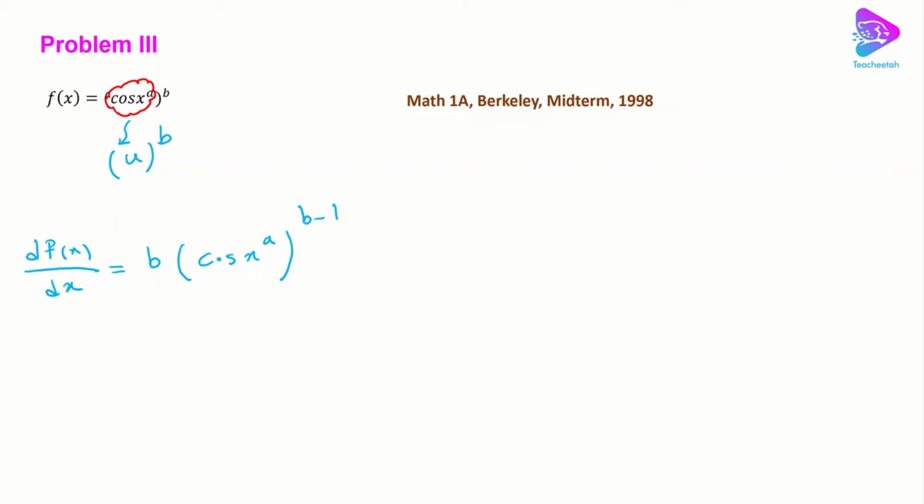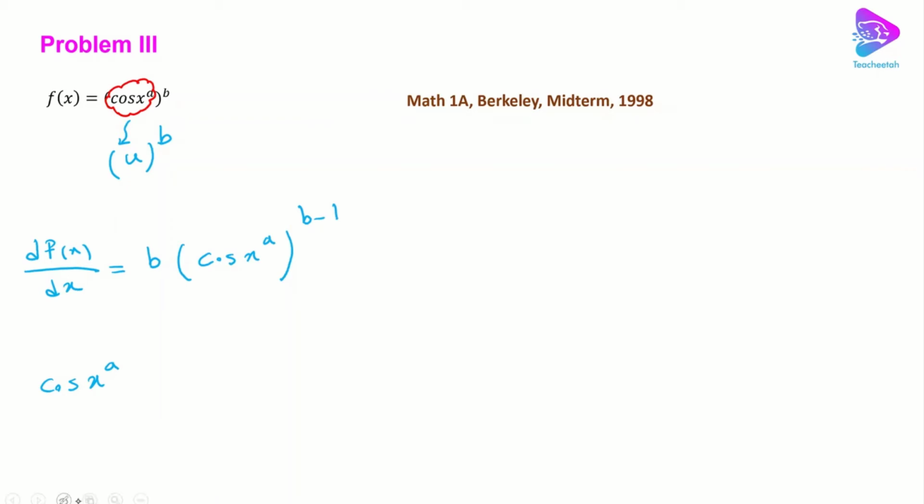And now it's time to look at the inside function, which is cos x to the power of a. Again, here we have to use the chain rule, because we have an inside and outside function.